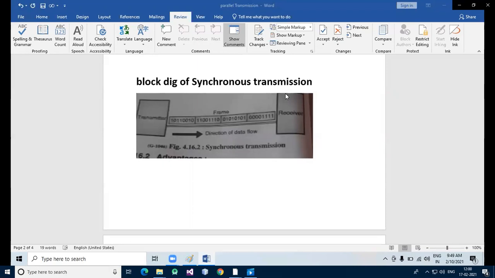Digital to analog conversion. We have already seen digital to analog conversion. So let's draw a diagram first.